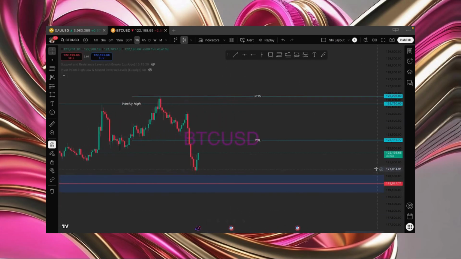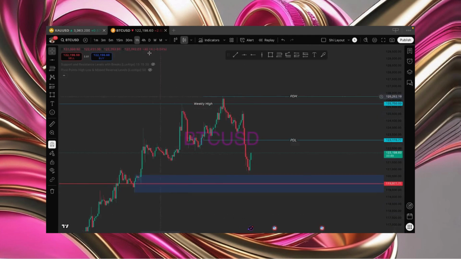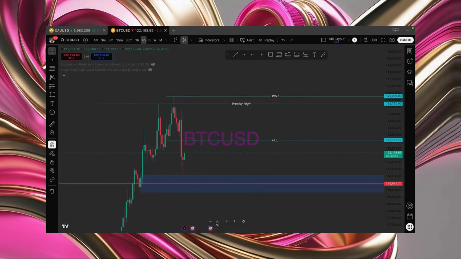Because at any moment, it could hit a demand zone, right? And it can turn around. So I would rather wait for clear indication of a demand zone being tapped into and a rejection out of it, right? So you see how on the higher time frame, like on the 4-hour time frame, this rejected out of this area right here.